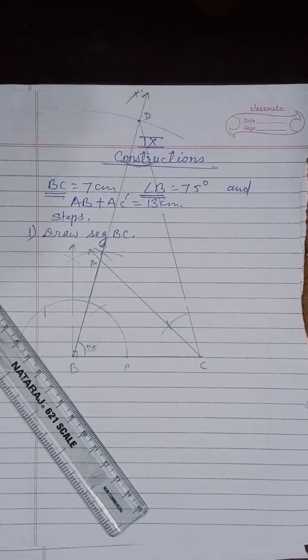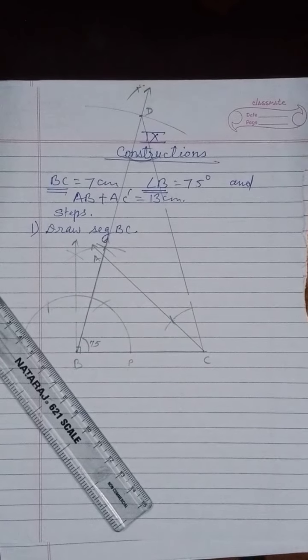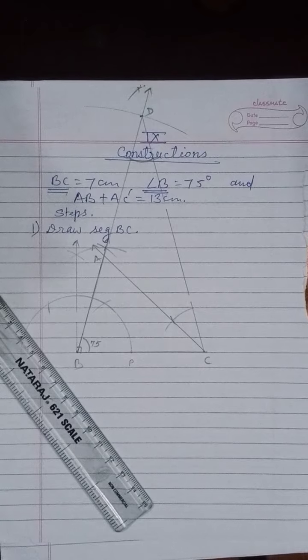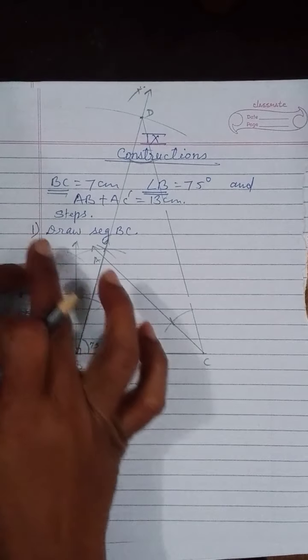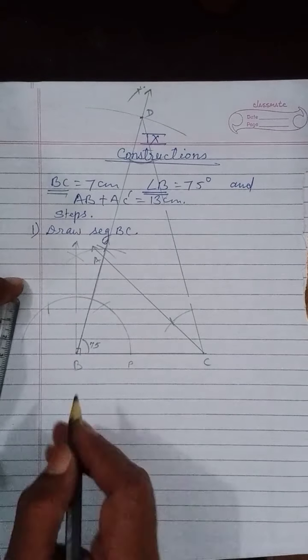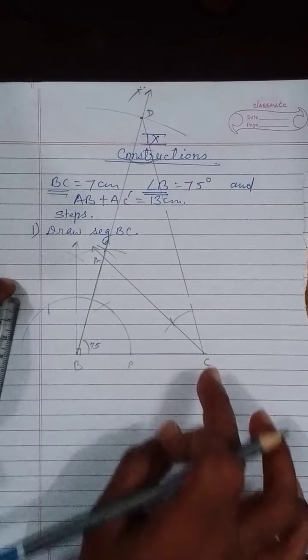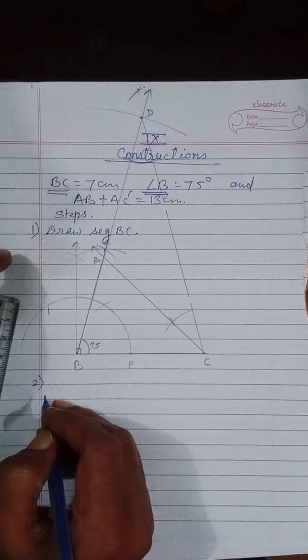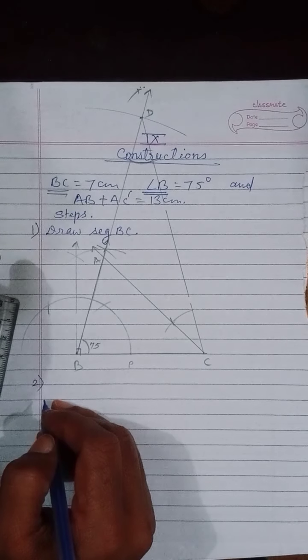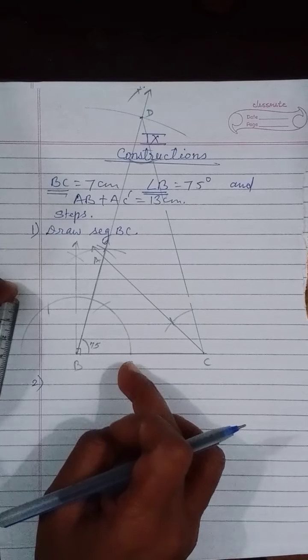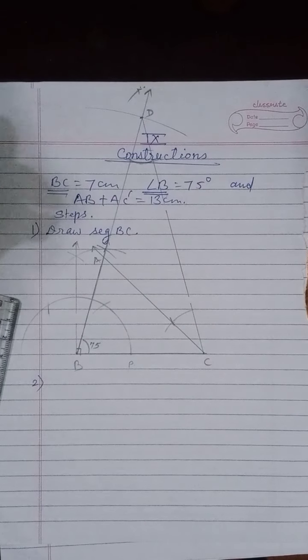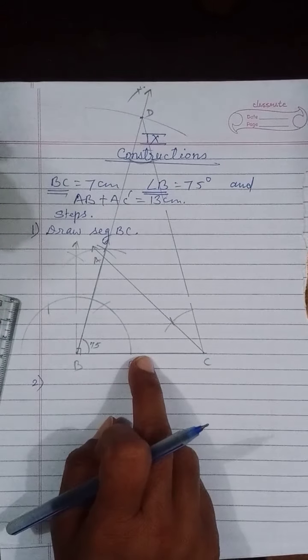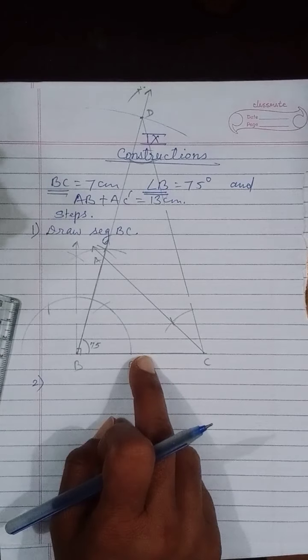Now we are going to justify this one. How? Steps of construction. First, draw segment BC. This is our required triangle ABC. Okay. Then second, what we did, cut a line segment at point P. Now equal to, what is?